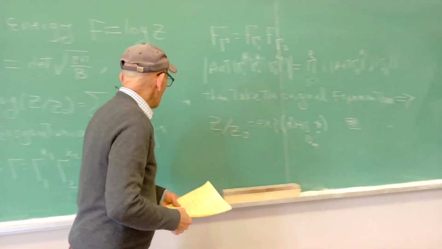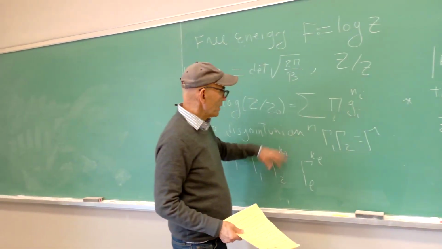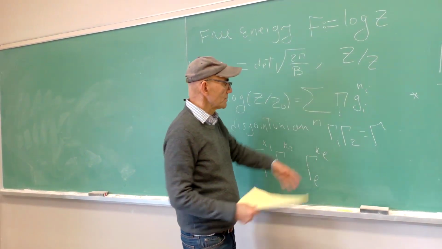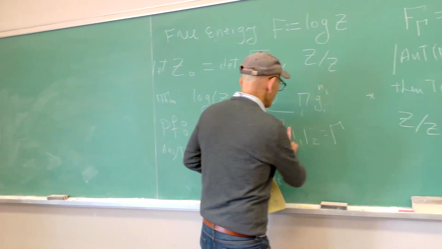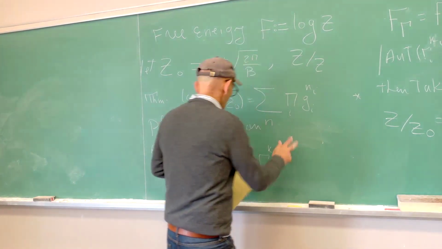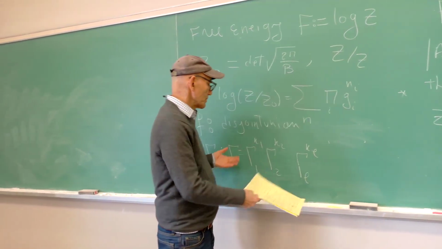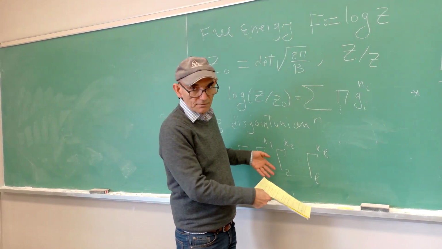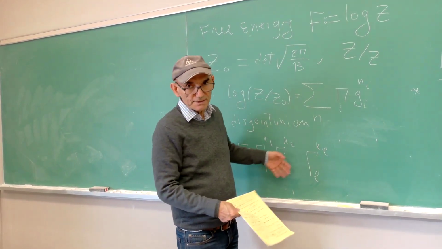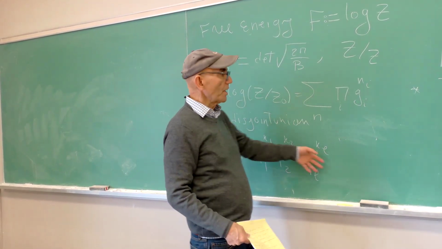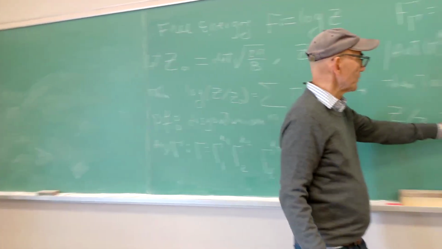Here the sum is only over connected graphs, because you can decompose everything into disconnected ones, and then you produce all disconnected ones by multiplying, and this is exactly the operation of exponential.